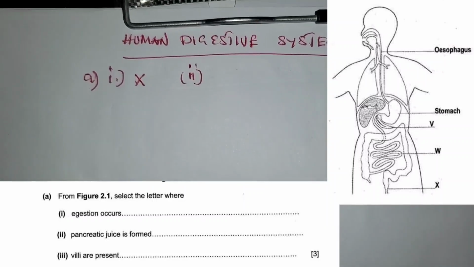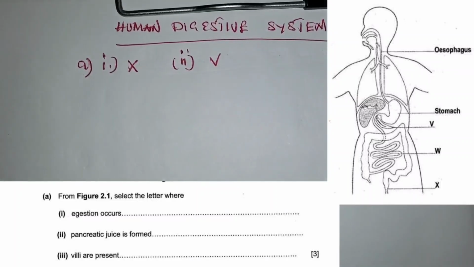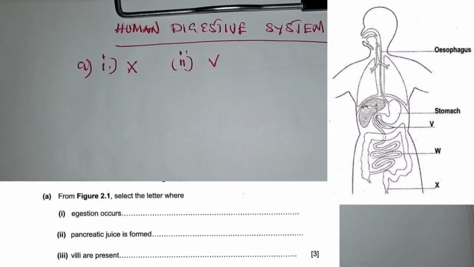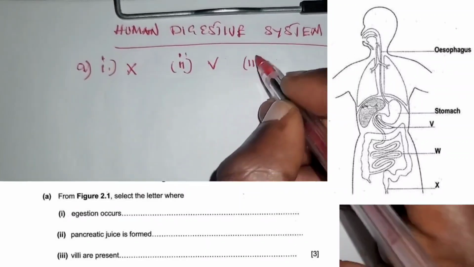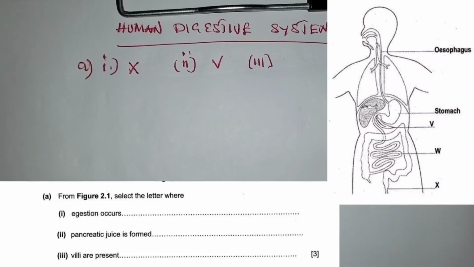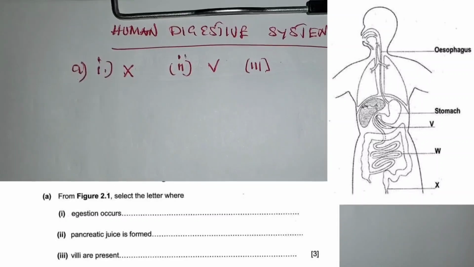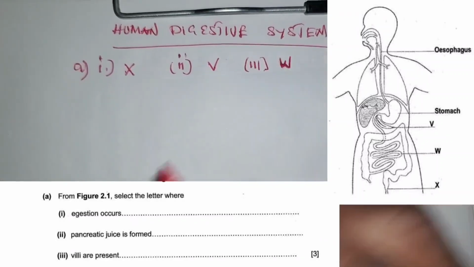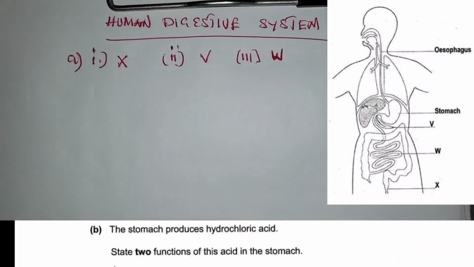Pancreatic juice is formed in the pancreas, and the pancreas is V. Number 3, where villi are present. Villi are present in the ileum or small intestines, and W points at small intestines.